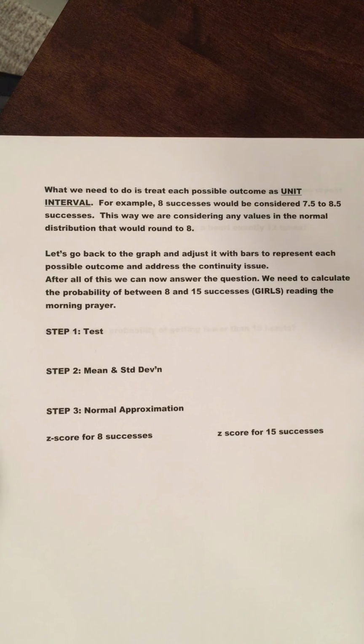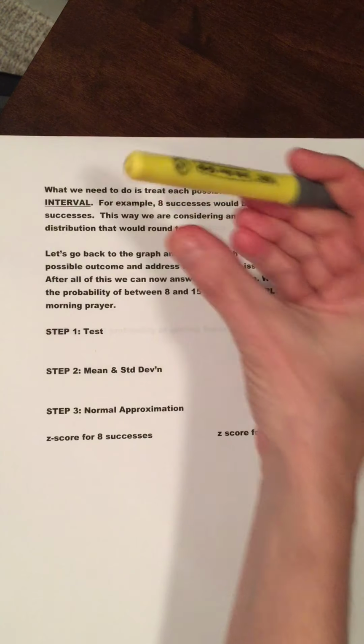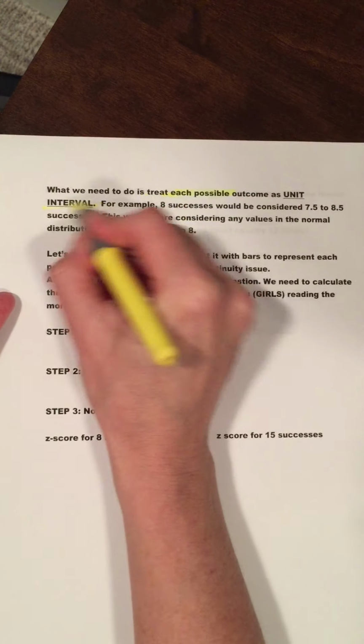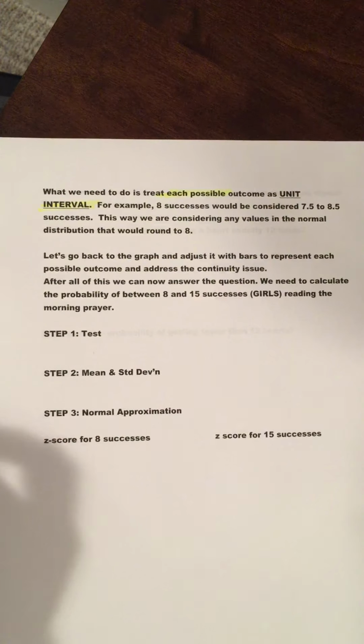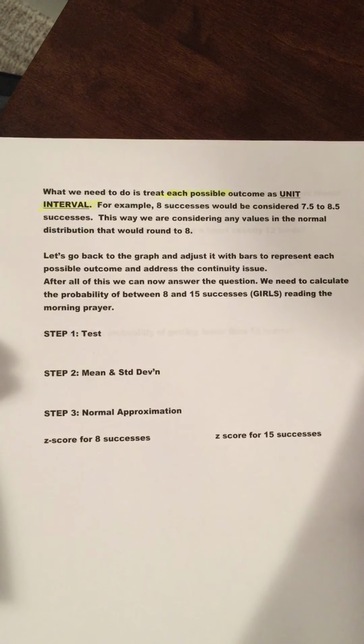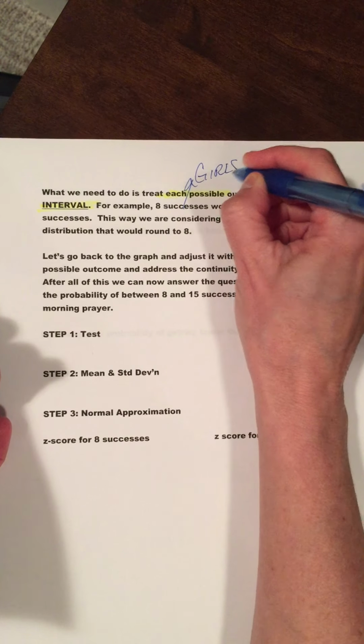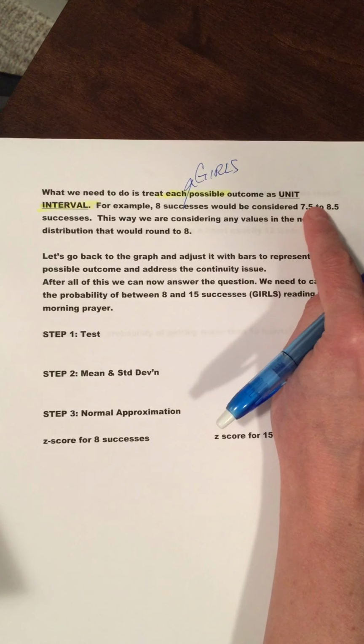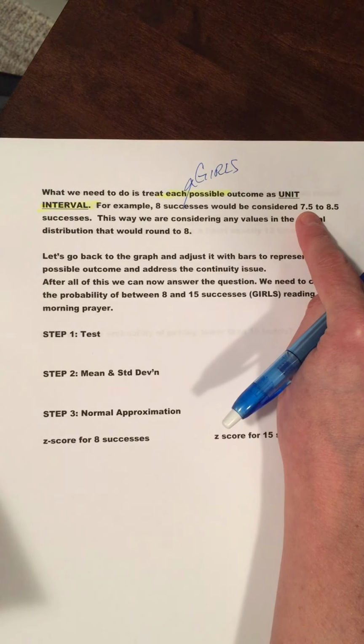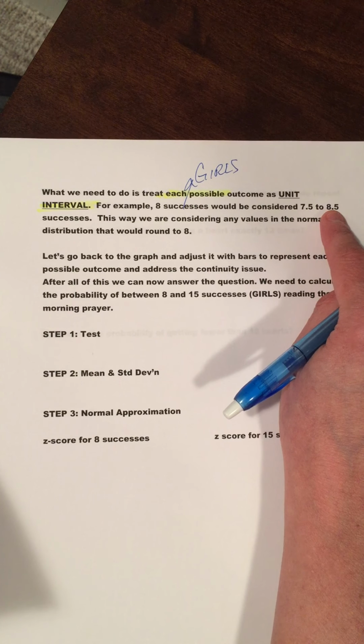It says we need to treat each possible outcome as an interval. For example, 8 successes or 8 girls reading the morning prayer would be considered anything between 7.5 and 8.5.